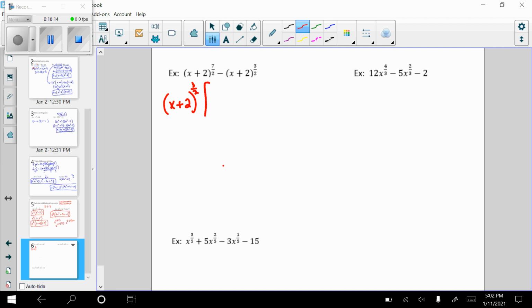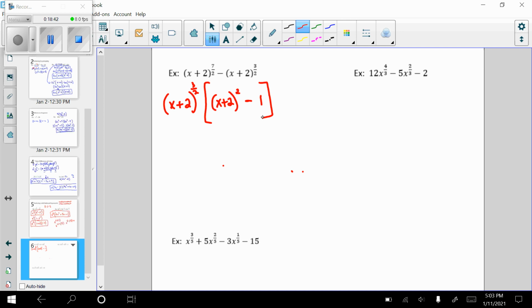Then I'm going to be left with x plus 2 to the 7/2 minus 3/2, which is 4/2, or x plus 2 quantity squared, minus, and if I take 3/2 minus the 3/2 I'm factoring out, I just get x plus 2 to the 0, which is 1.